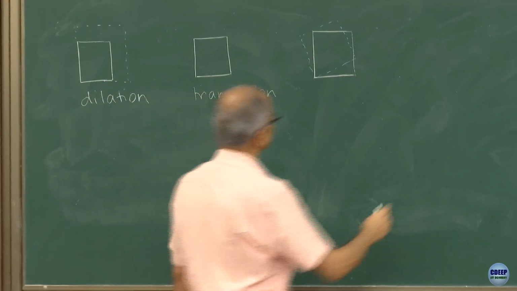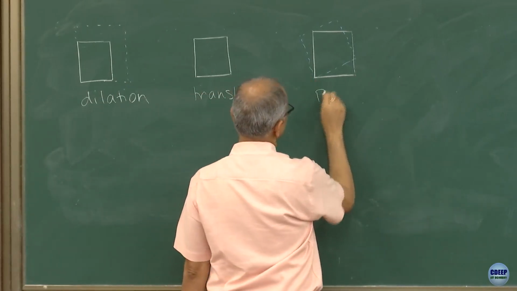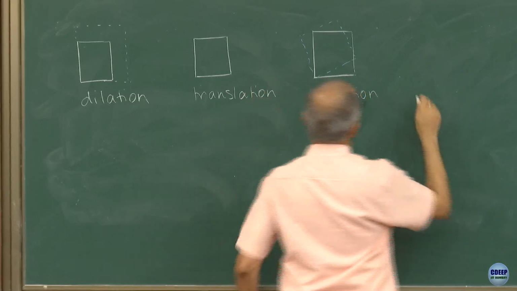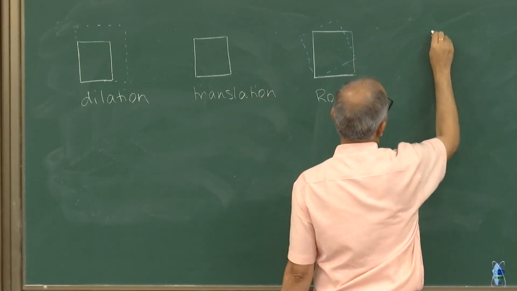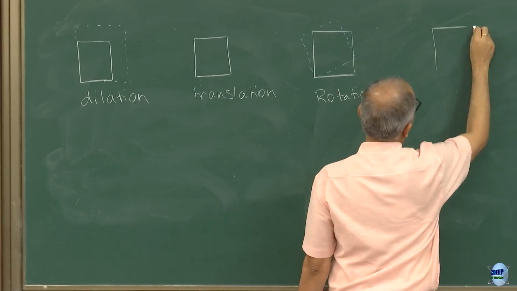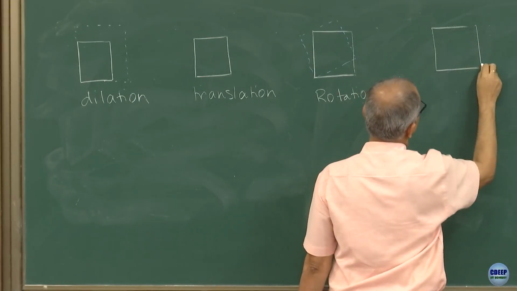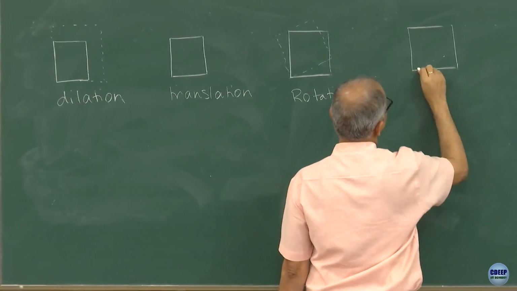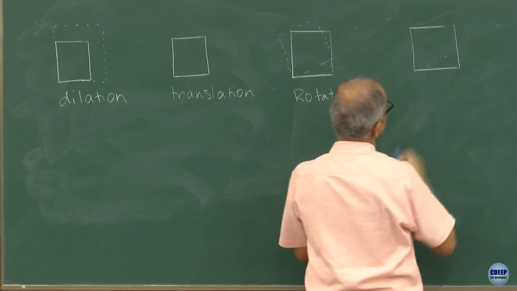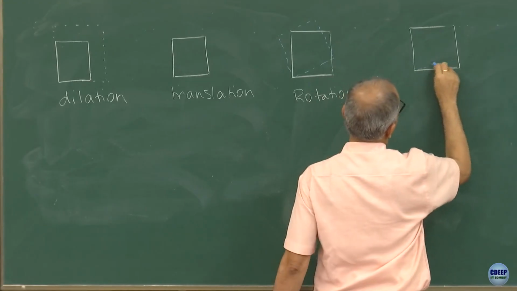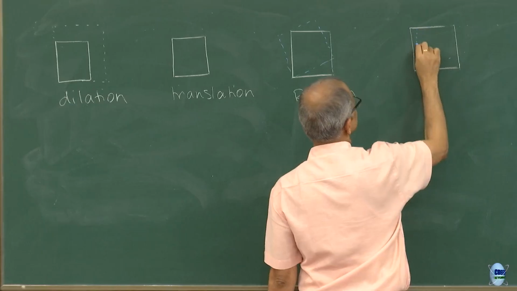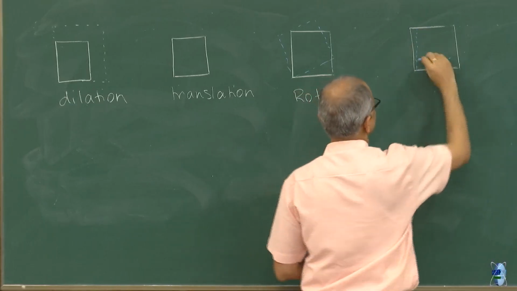So this is my rotation. The fourth thing is it could shear. So this means that this face has moved up, and the other face has moved towards the right.